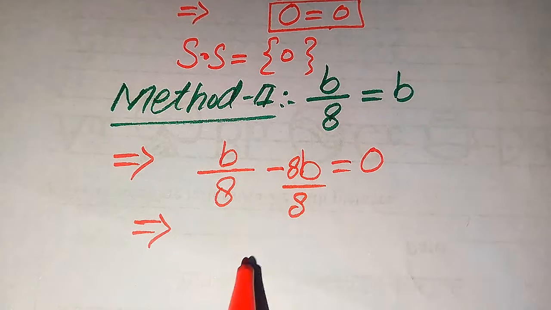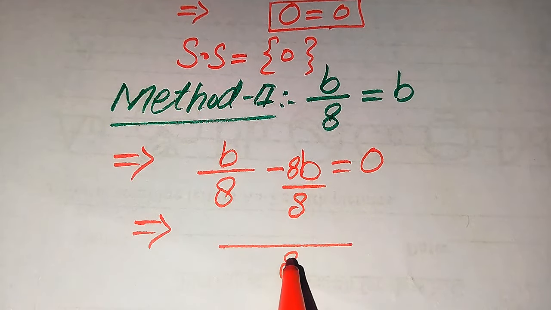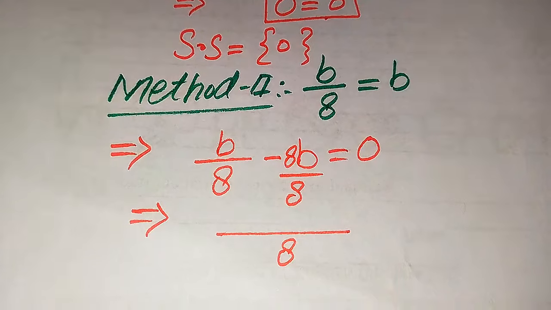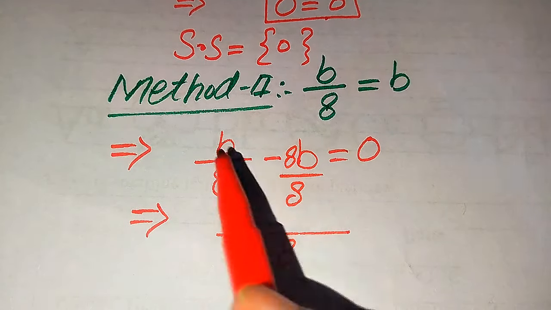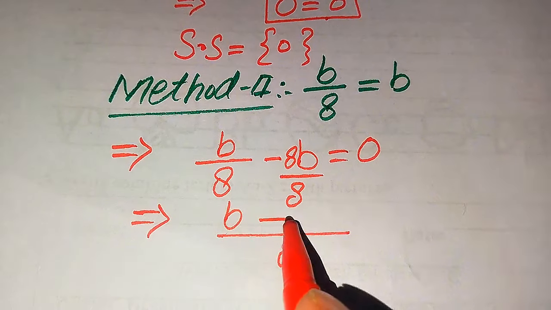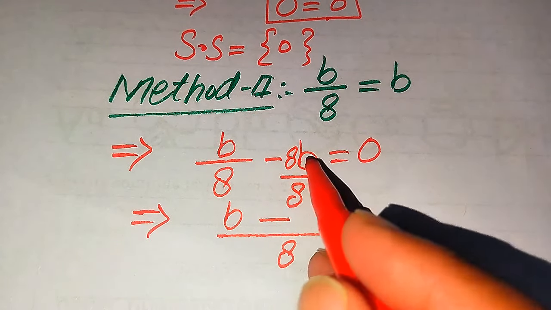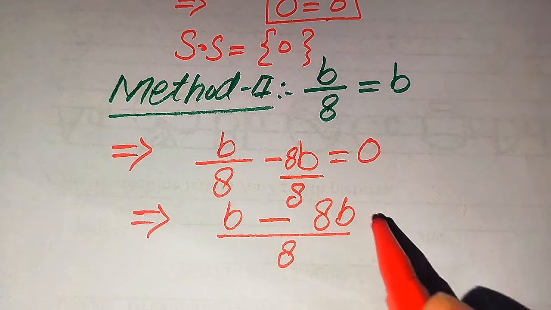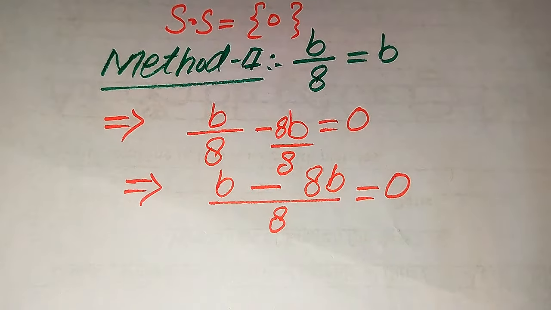Okay, so that here you see both of these two denominators are the same, so we take the LCM, which is 8, and when we divide this 8 by this 8, we get 1, and 1 times b is equal to b, minus this 8 is cancelled out by this 8, and we get 1, and 1 times 8b is equal to 8b, and this whole equation is equal to 0.